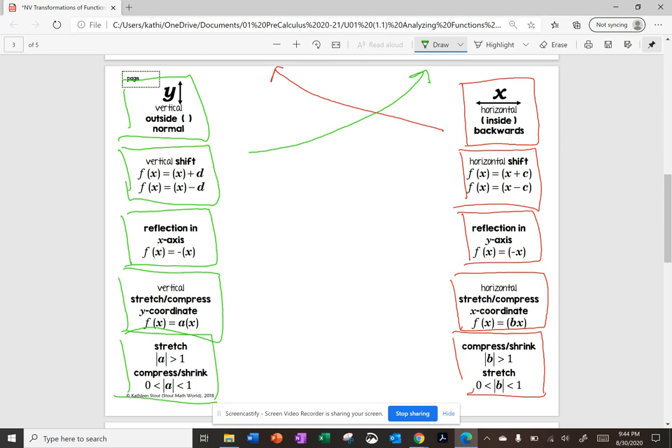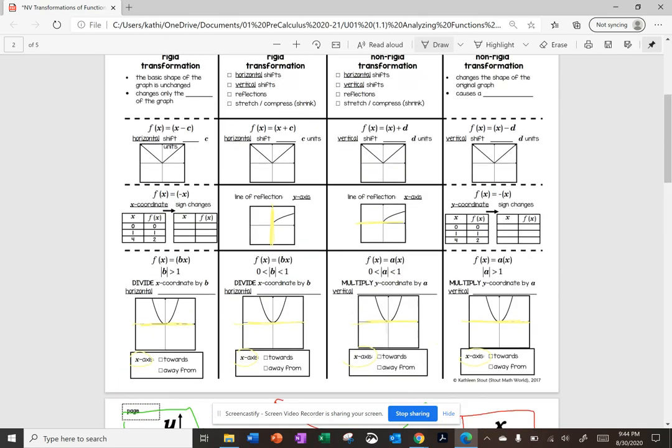In the horizontal, the X transformations are backwards, so I actually like to color code my notes red. And the Y, the vertical transformations, I call normal, and I make those green, and that helps me understand a little bit more what's going on.